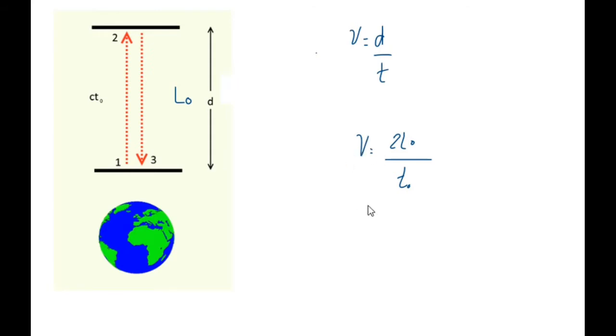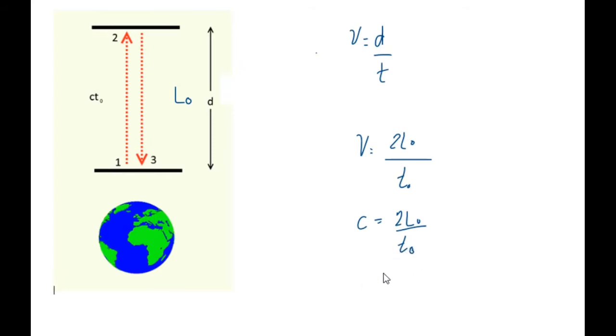So let's assign velocity for light. So we have C as the speed of light, 2L0, divided by our proper time, T0. Okay? So that's our first equation. We have C, or the speed of light, is equivalent to 2L0 over T0.